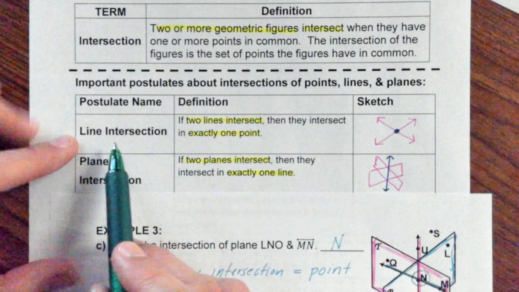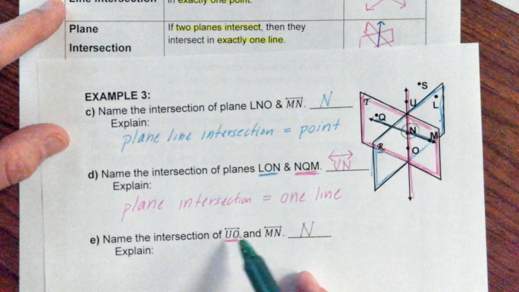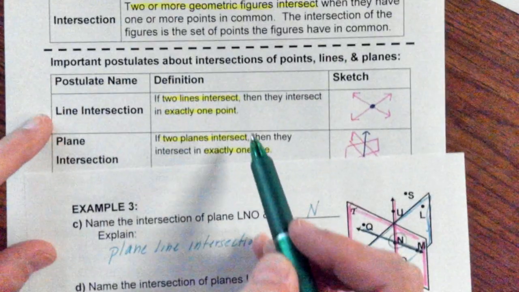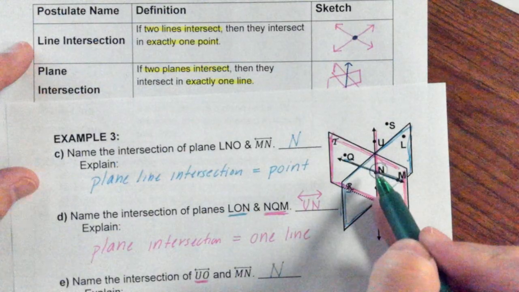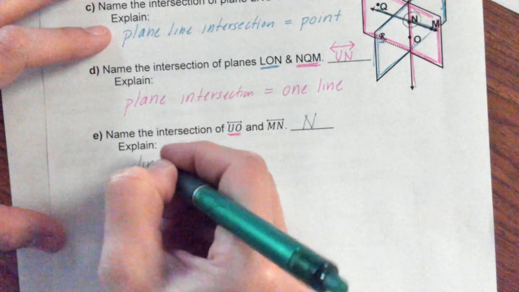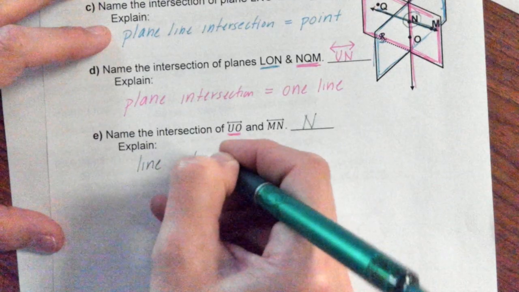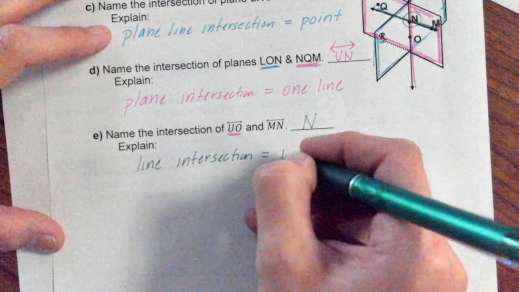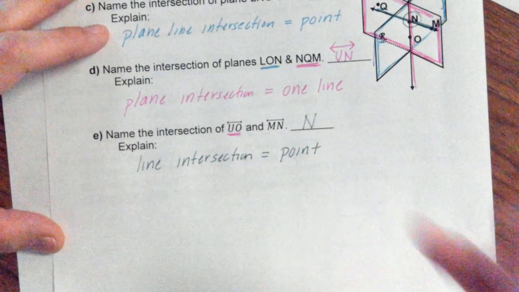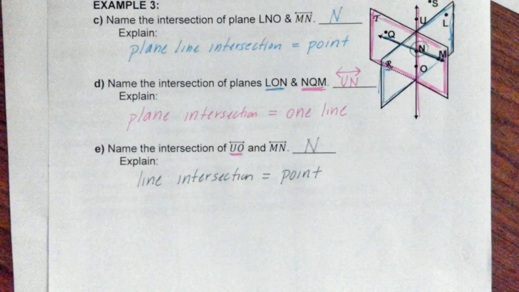Well, when we have our line intersection, we have two lines. Line UO and line MN are going to intersect. When two lines intersect, they intersect at exactly one point. It's that point of intersection right here. So here we have our line intersection, and that will equal intersection at a point. And that's it for intersections, guys.